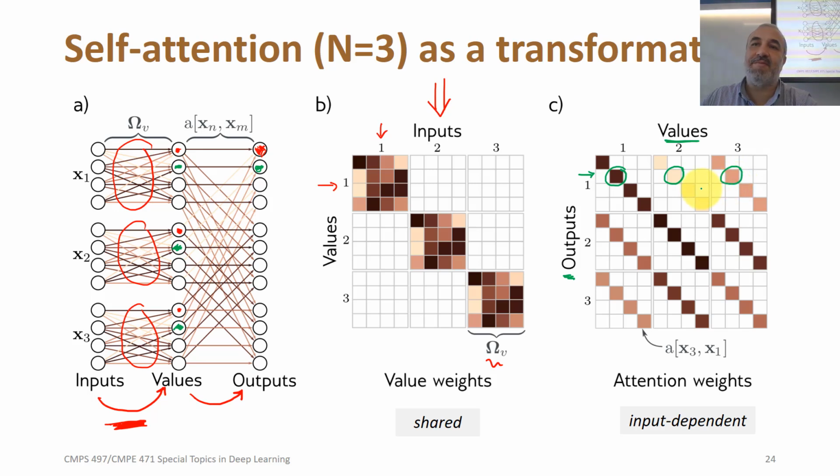They are not there. If this would be fully connected, that would be 4 times 3, 12 times 12, 144 values, right? How many connections do we have here? Much less.